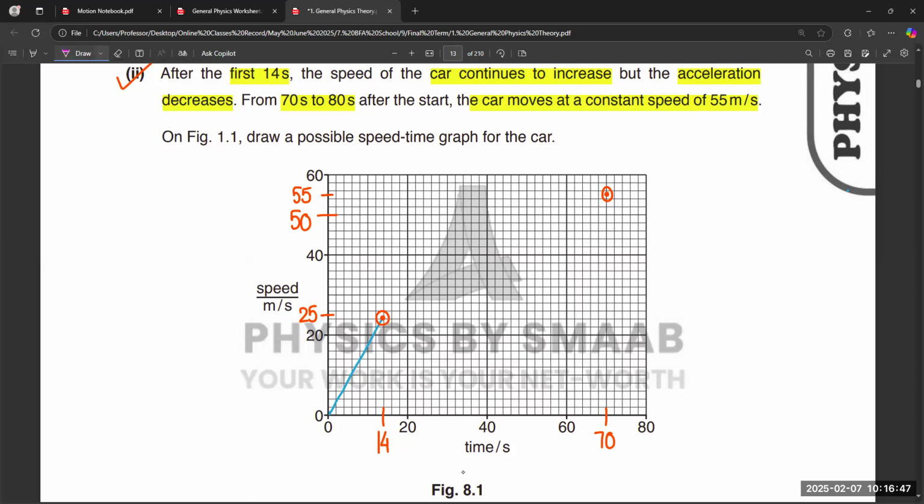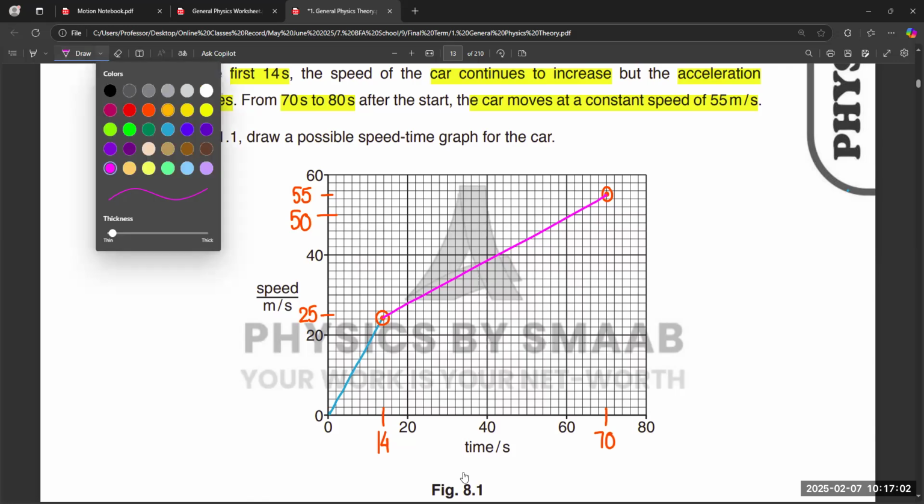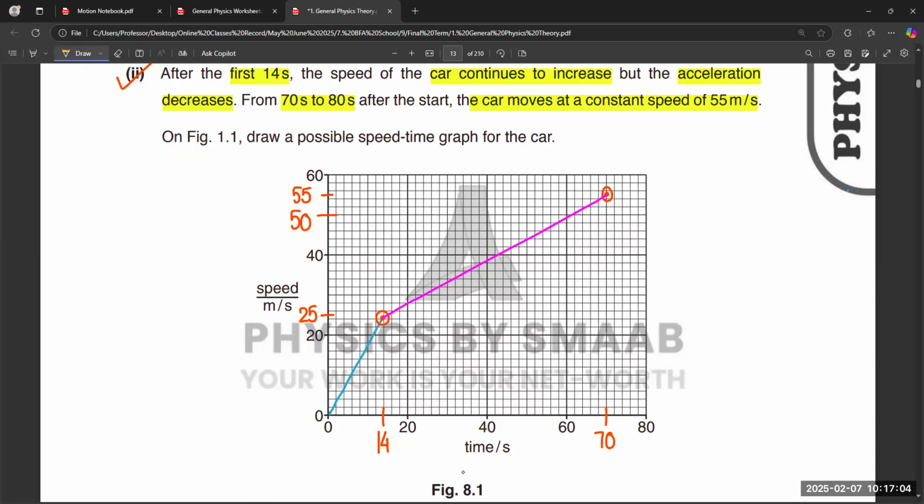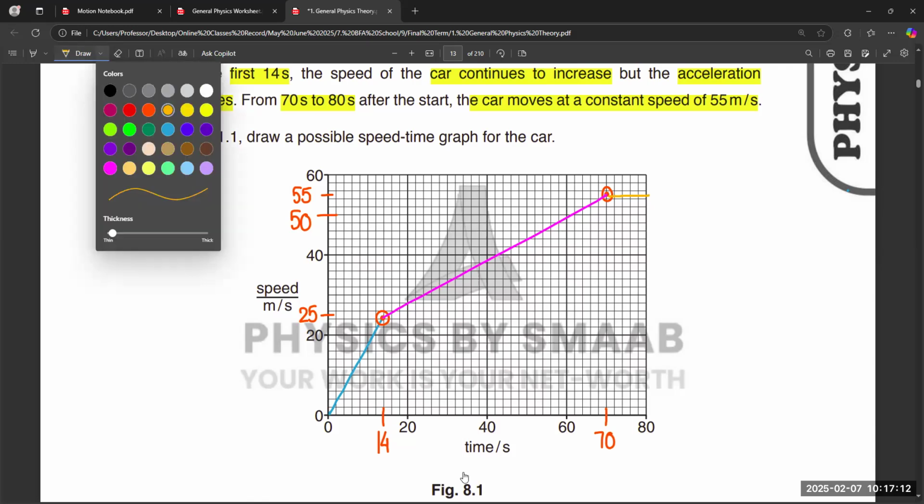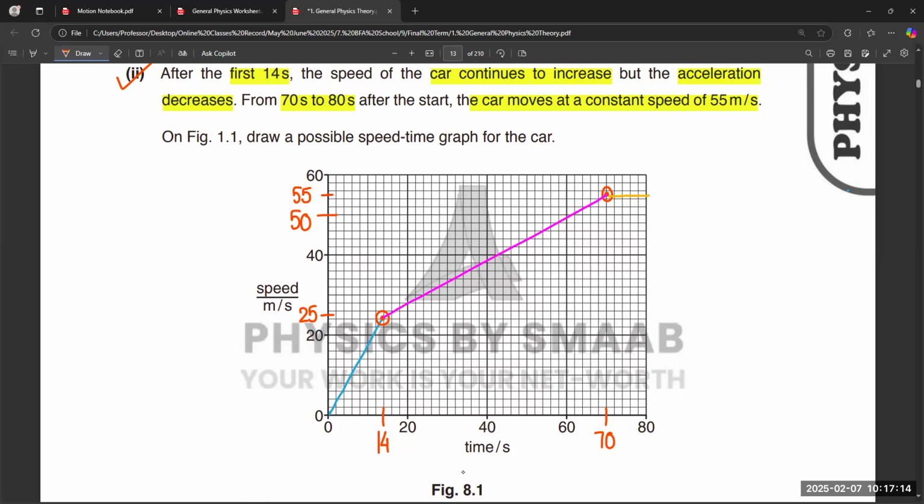So finally, we need to connect these last 2 points. And from 70 to 80, it is moving in a straight line because it moves with constant speed. So finally, this will be a horizontal line. So this is the possible graphical representation according to the information given in the question.